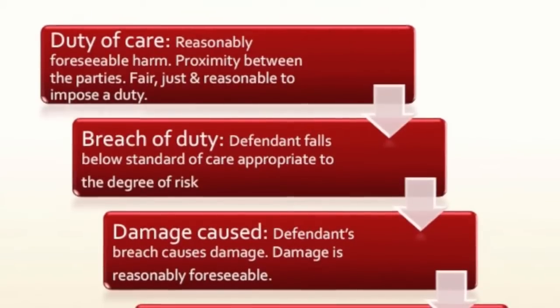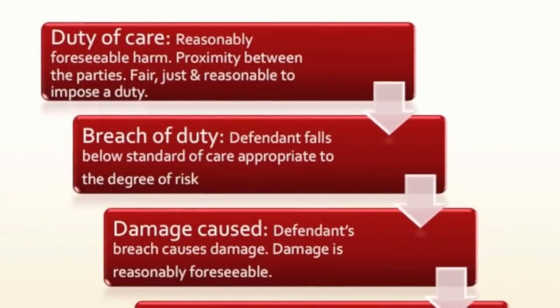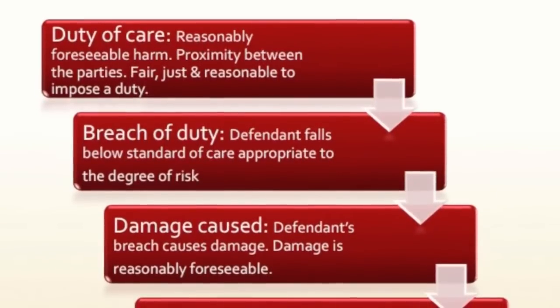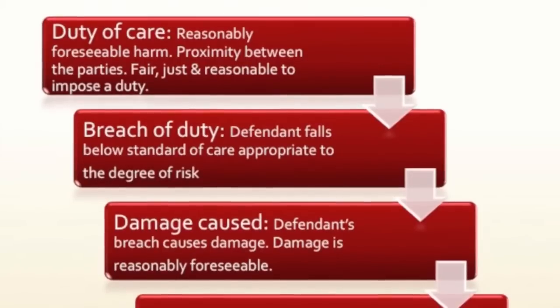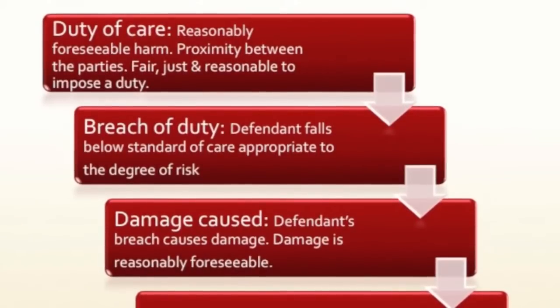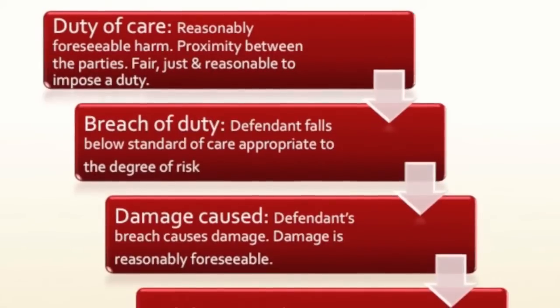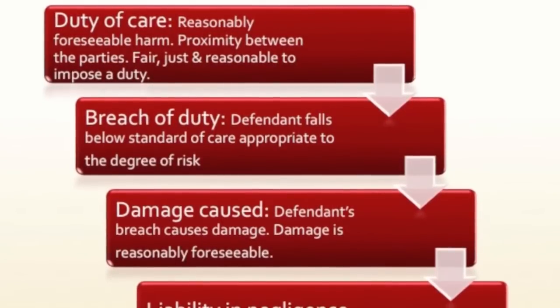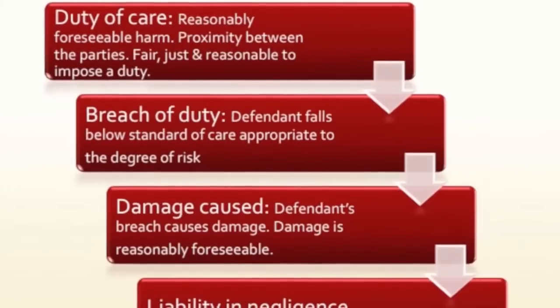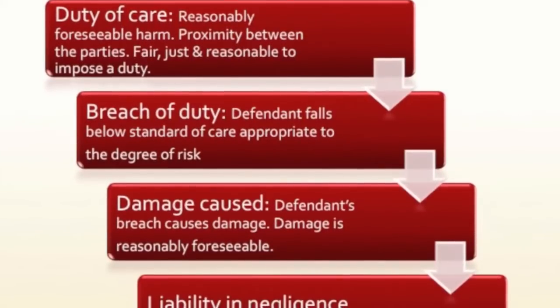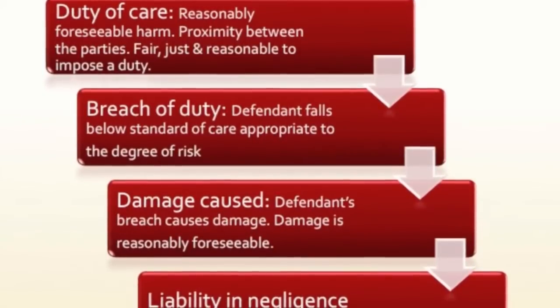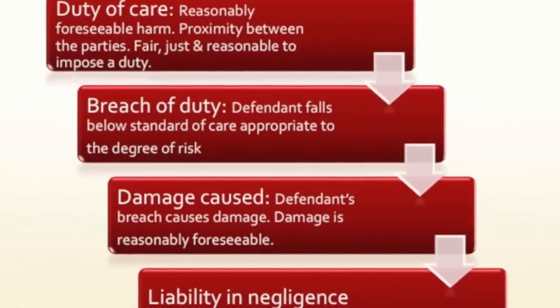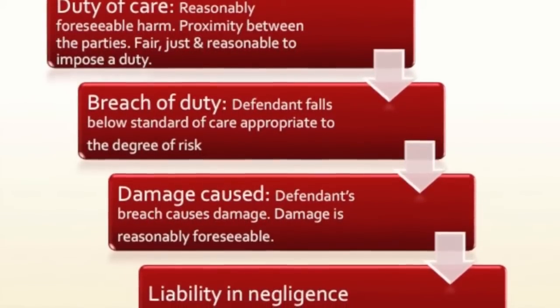So for duty of care, you're going to look at whether it was reasonably foreseeable that injury would occur to Miss Yu as a result of what Mr. Holmes had done. Was there a proximity between both Mr. Holmes and Miss Yu? Is it fair, just and reasonable to impose a duty of care on him? So you're going to use the information from P1, refer to it and then apply it to him.